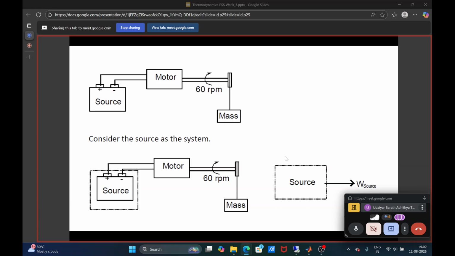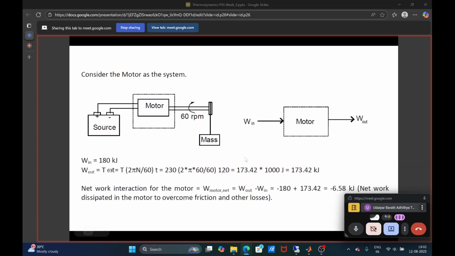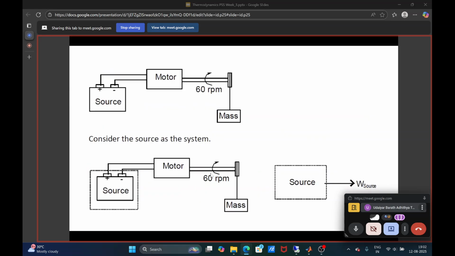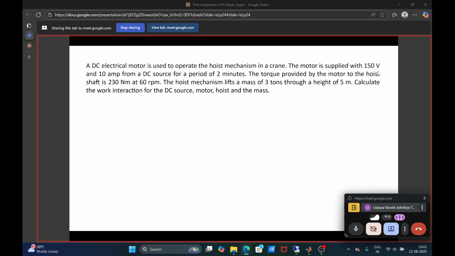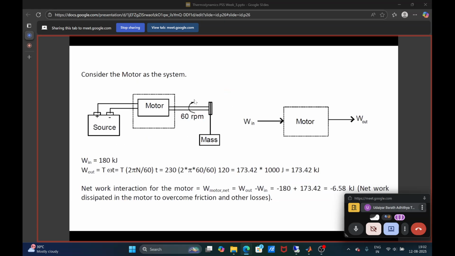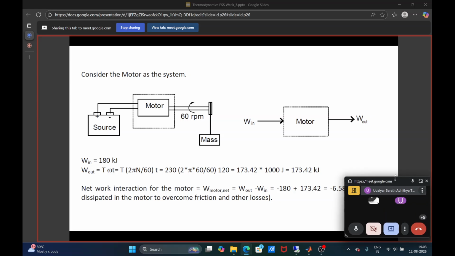If you apply a control volume across the source, the work coming out is equal to 150 into 10 multiplied by 2 into 2 minutes, for a period of 2 minutes. That comes out to be 180 kilojoules.